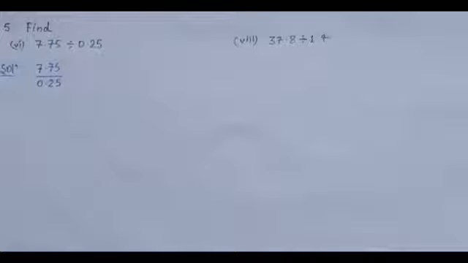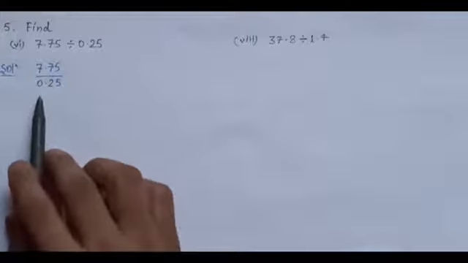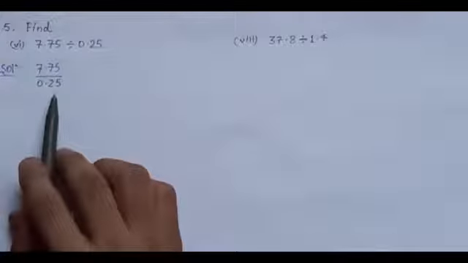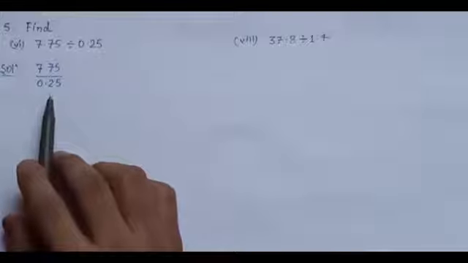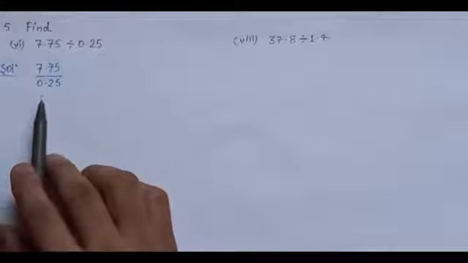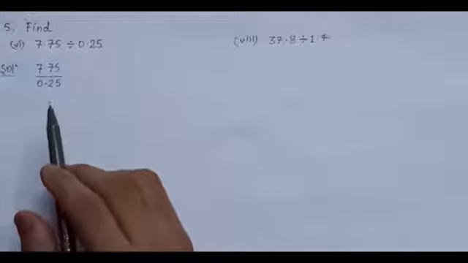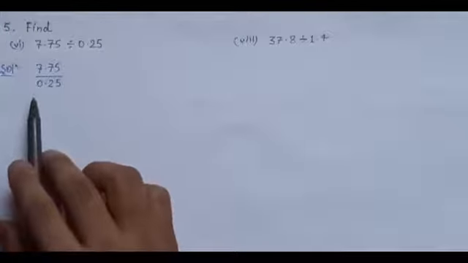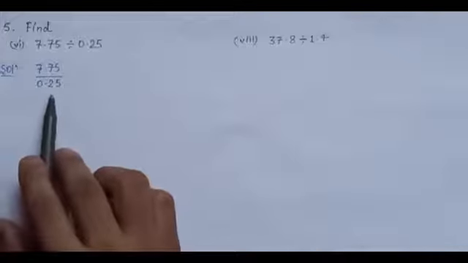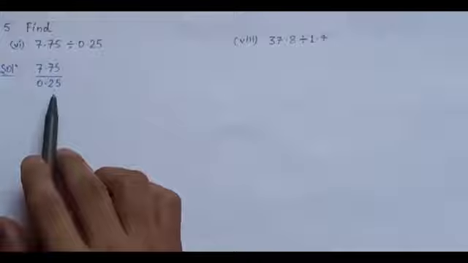If somehow we make this decimal 0.25 a whole number, then we can perform this division, because you know how to divide a given decimal by a whole number. So our question is how to make this decimal in the denominator a whole number.